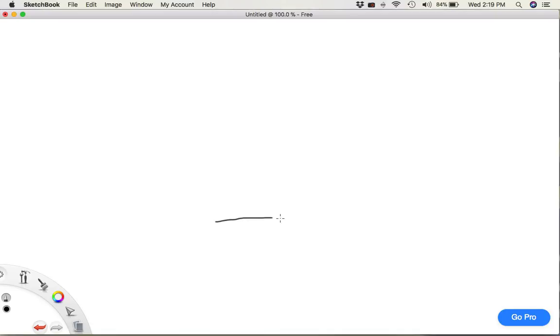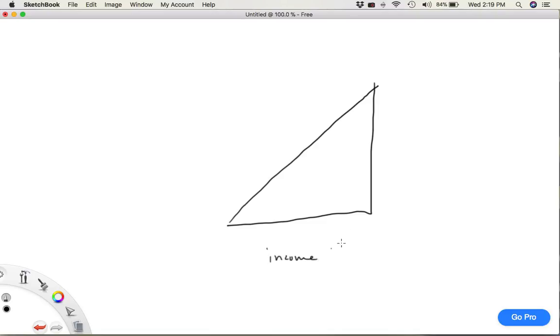So what we're going to do is start with something like this, and it should look like a right triangle. This is income, and this is the cumulative percent of population who has that income. So once you get to 100% of all the income in the country, that should add up to 100% of the population.